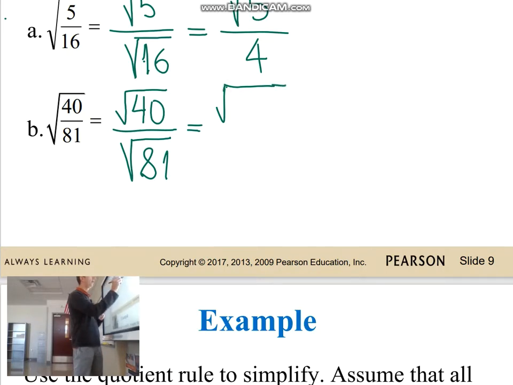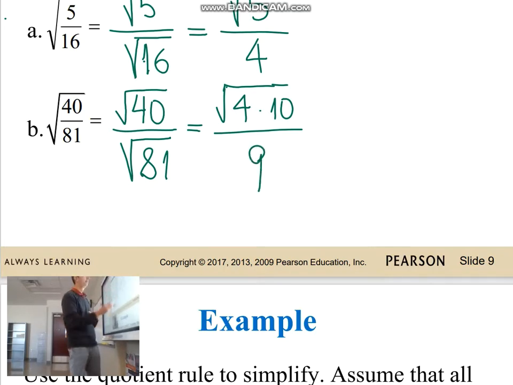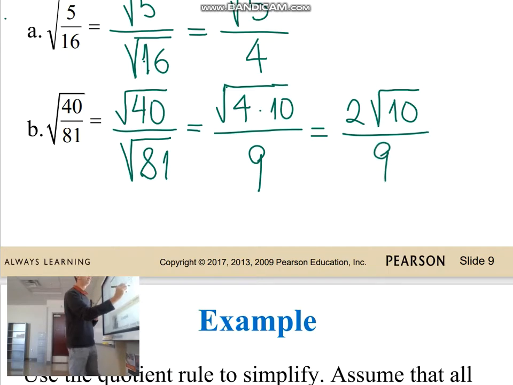Well, we can rewrite this as 4 times 10 over, and the square root of 81 we know is 9, right? On the top we can simplify because the square root of 4 is 2. The square root of 10 we cannot simplify, so it's 2 root 10 over 9. That is the answer.